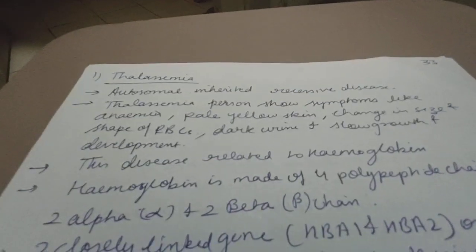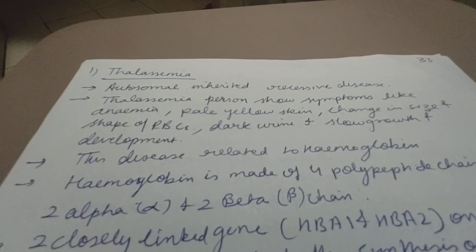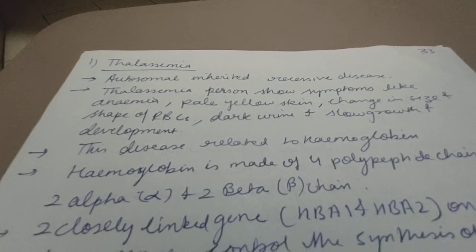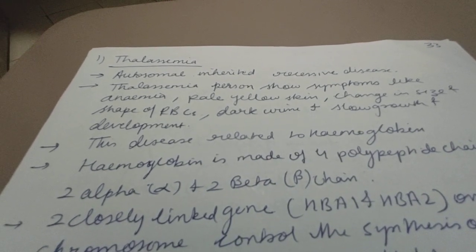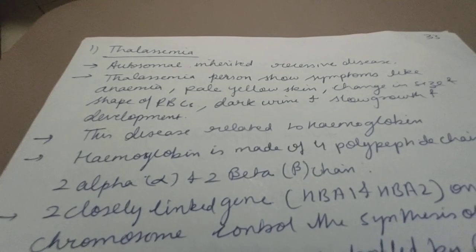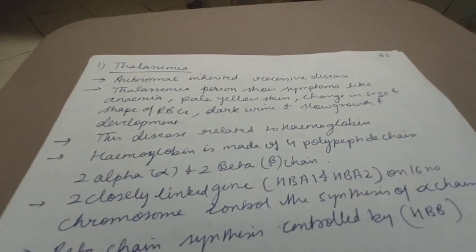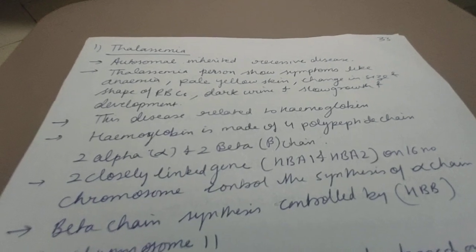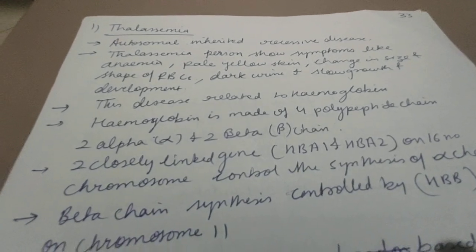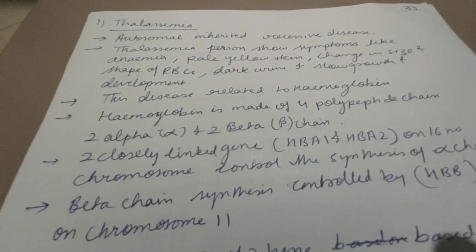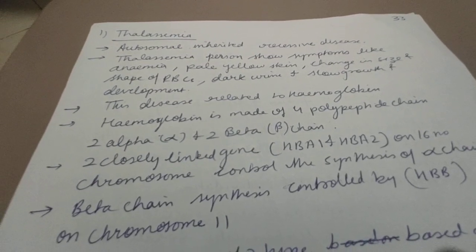Hemoglobin is made up of 4 polypeptide chains, 2 alpha and 2 beta chains. HbA1 and HbA2, closely linked genes on the same chromosome, control the synthesis of the alpha chain, and beta chain synthesis is controlled by the HBB on chromosome number 11. Understood this thing?